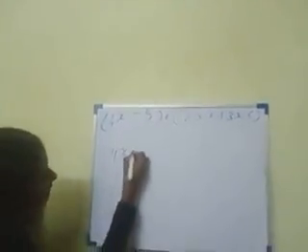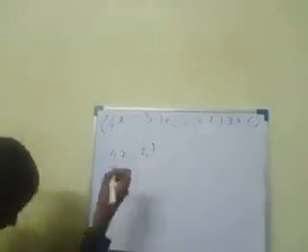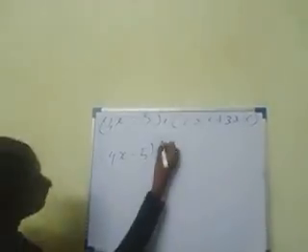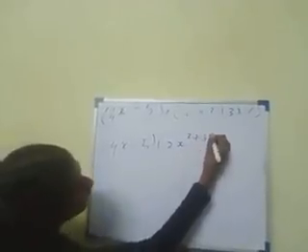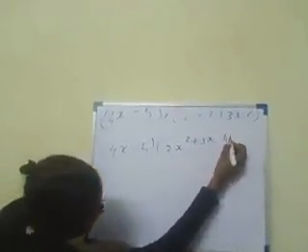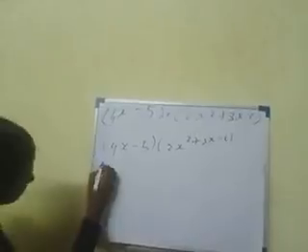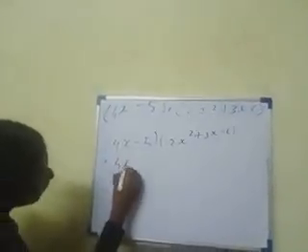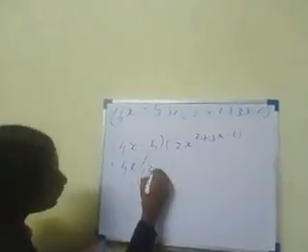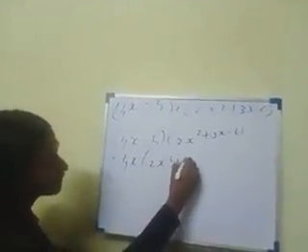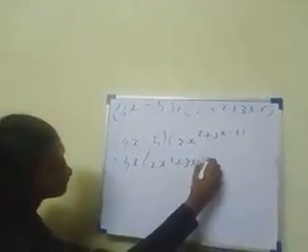The 4x minus 5 times 2x² plus 3x minus 6. The 4x will come out, and the 2x² plus 3x minus 6 will be there.